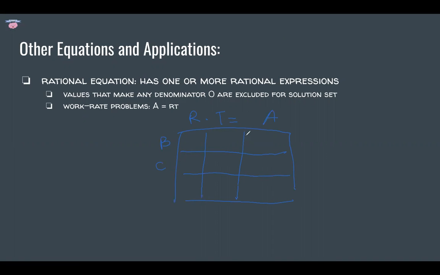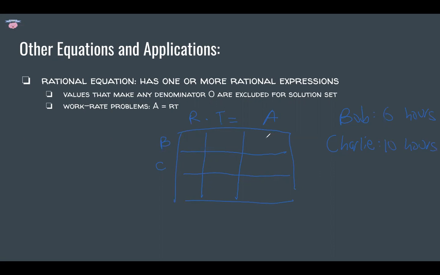Bob can complete the house in 2 days, or let's just make it easier and say 6 hours, because days is a pretty hard unit of time to work with. Charlie can complete it in 10 hours.